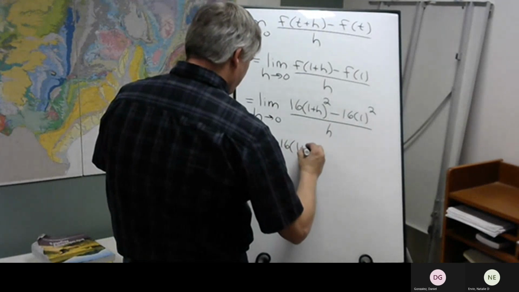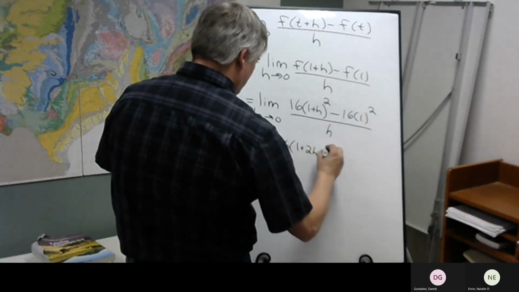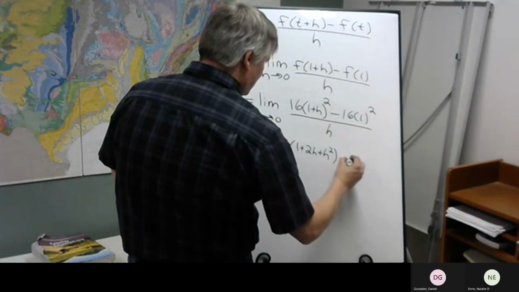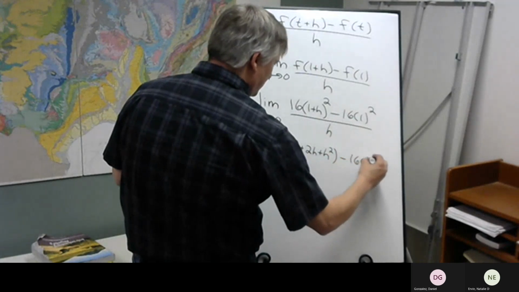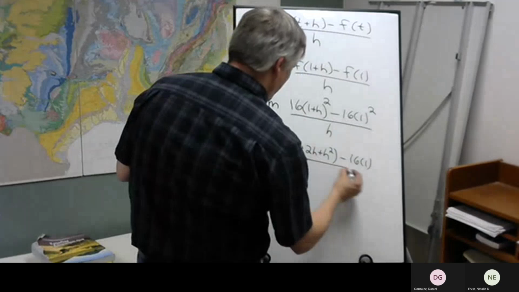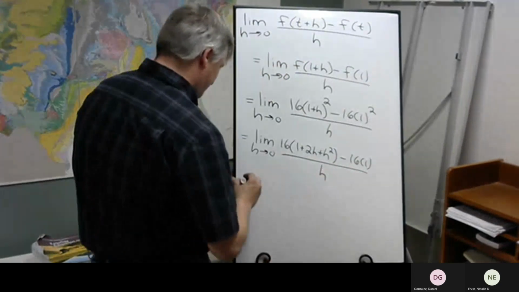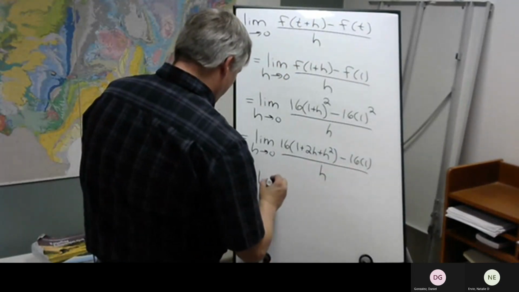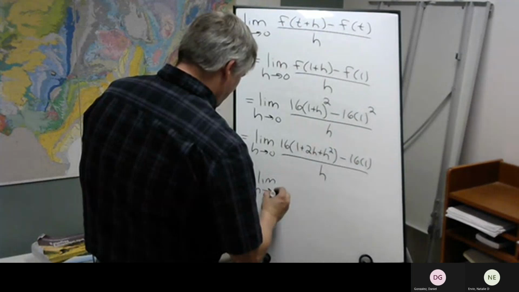This will be 1 plus 2h plus h squared minus 16 times 1. 1 squared is just 1. Over h. Limit of h going to 0.